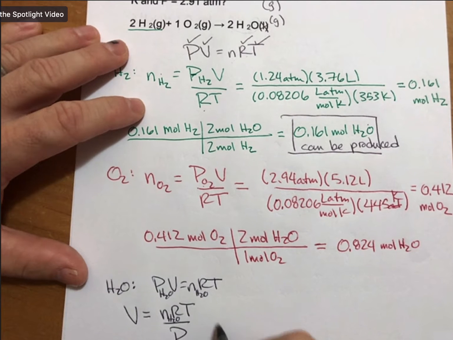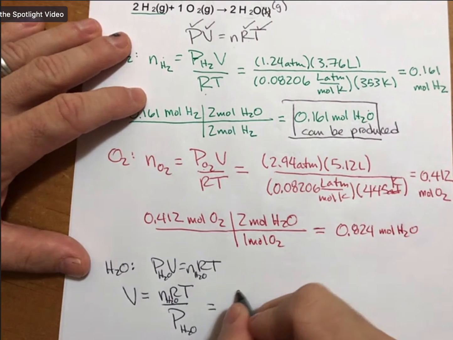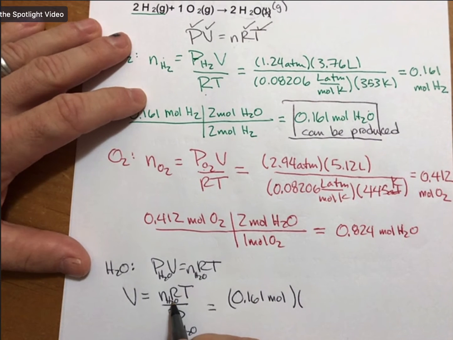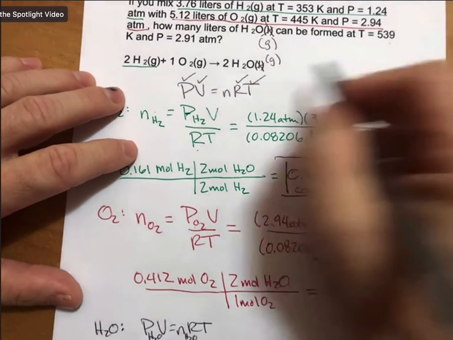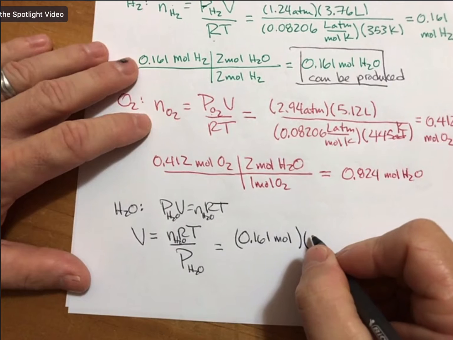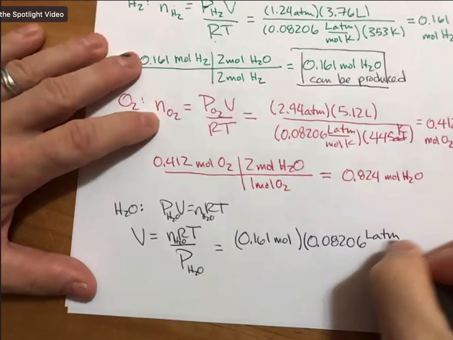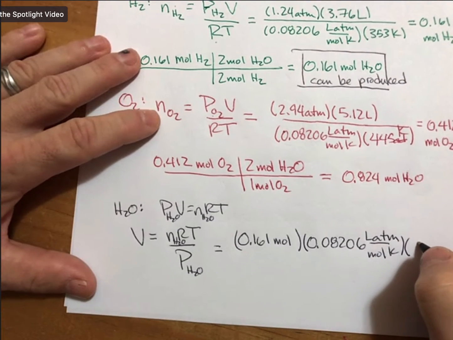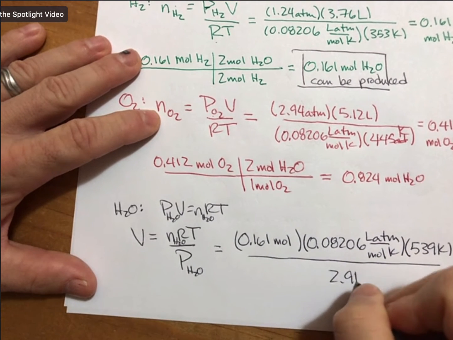Just make sure you keep track of everything. I know my moles, which was 0.161. I know my R, and my T is 539 Kelvin, and my P is 2.91 atmospheres. So I'll plug those in down here. R is 0.08206 liter atmospheres per mole Kelvin. Temperature 539 Kelvin. And my pressure is 2.91 atm.